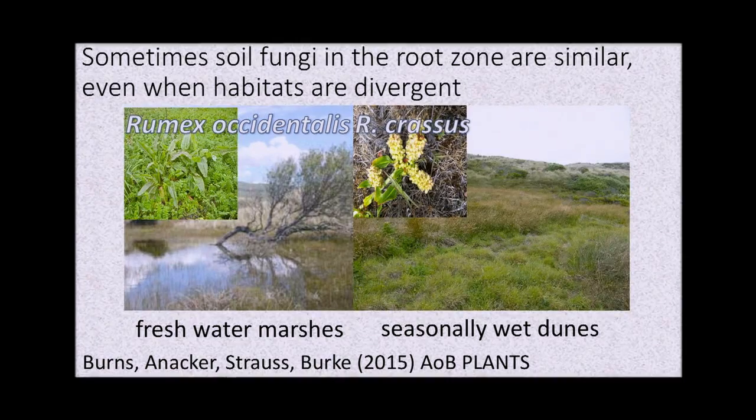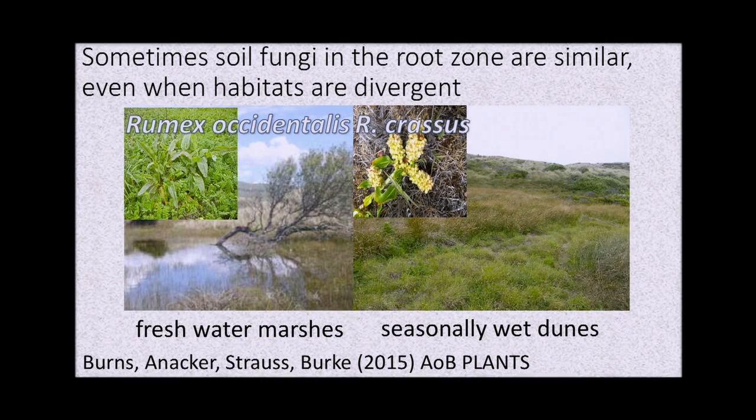So, for example, we did a comparison in the California flora between species of Rumex. So the Rumex are a genus of plants. These are low-growing, weedy kinds of plants, and you see them in the small inset pictures. And these are just two closely related plants, and they grow in really different habitat types. So one of them grows along the edges of a wet marsh, and one of them grows in a seasonally wet dune.